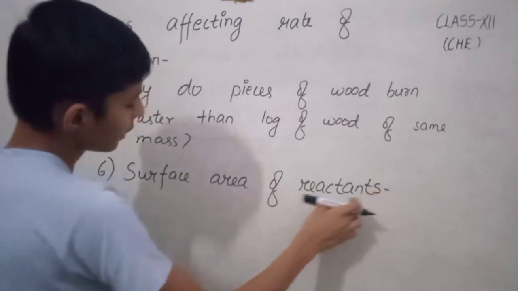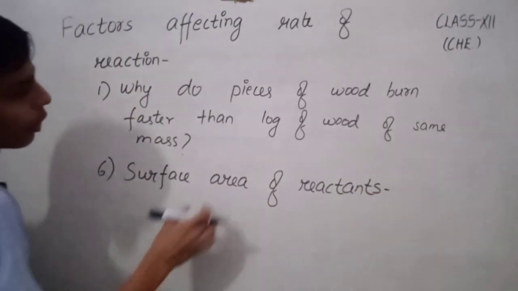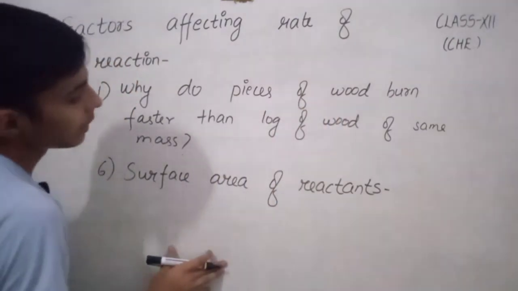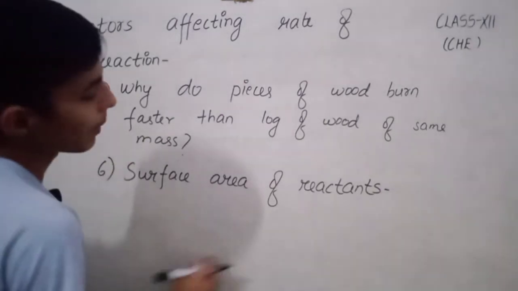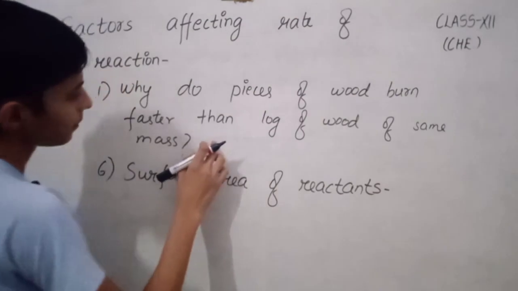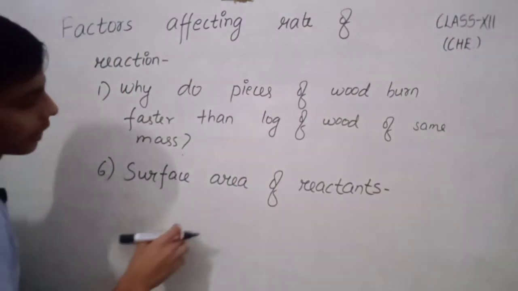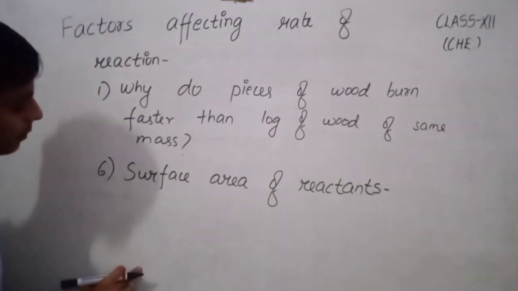The answer lies within this factor, surface area of reactant. Because in pieces of wood we increase the surface area of reactant, and as a result they are more exposed and they can actively participate in the reaction. So pieces of wood burn faster than log of wood because their surface area is increased, or we can say they are more exposed.